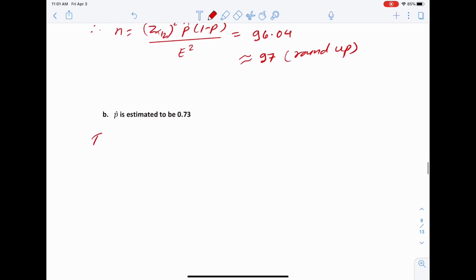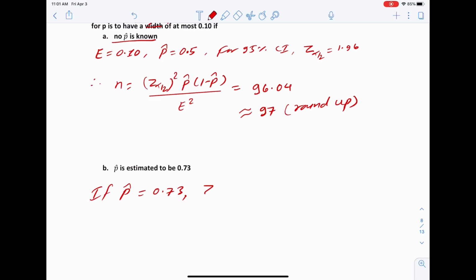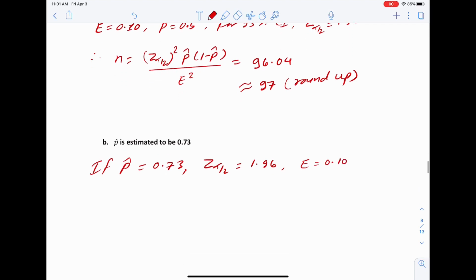Now if p hat equals 0.73, other values are the same, so z alpha over 2 equals 1.96, E equals 0.10. So using the same formula, if you calculate this one, you will get 75.7.